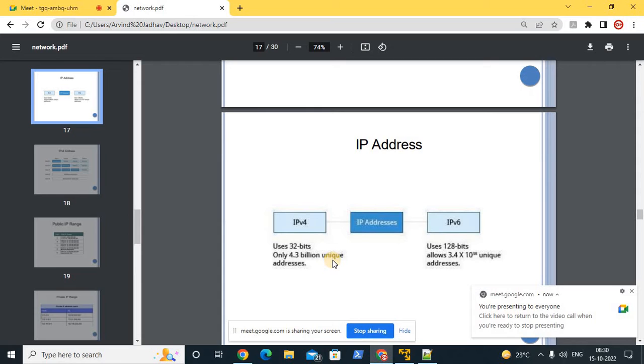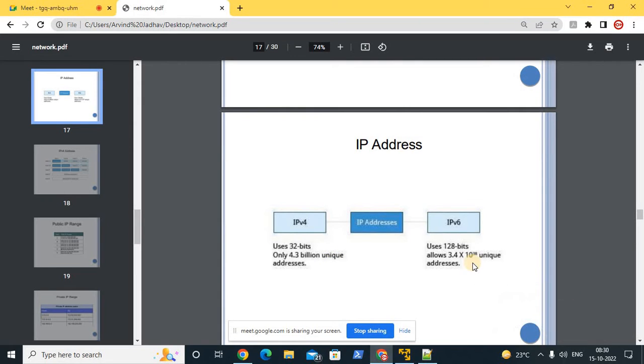Each and every person needs their own IP address if they are accessing the internet, they require a unique IP address. For that reason, there is a shortage of IP addresses.